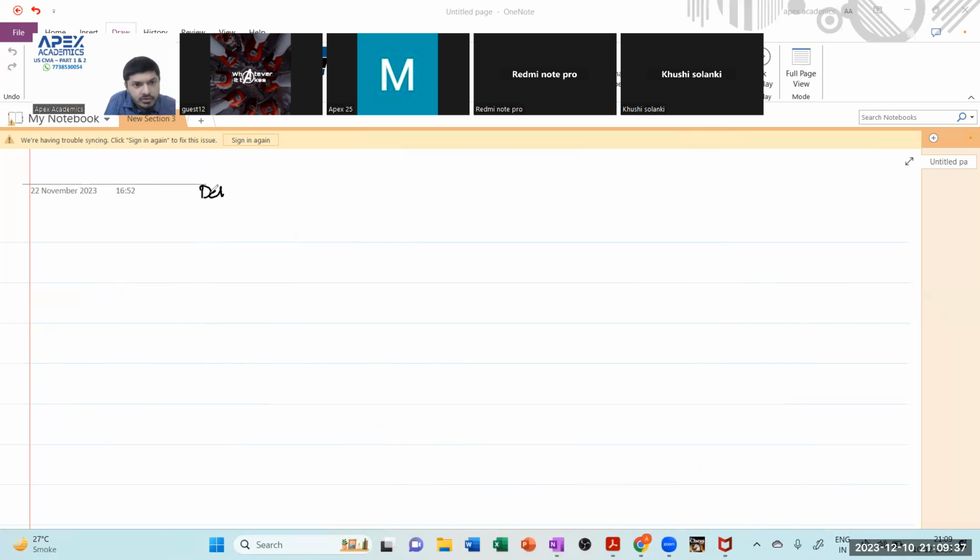There is a ratio called debt to assets. What is this ratio? Debt to assets.